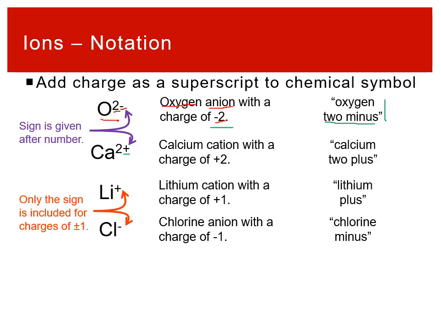You can think of this as similar to algebra, where if you have just x, you don't write 1x, but if you have 2, you write 2x, or 3x. You don't write a 1 in front of x, you just call it x. So similarly, we just call this plus, whereas up here it was 2+, because there are 2 of those pluses, which really corresponds to losing 2 electrons.